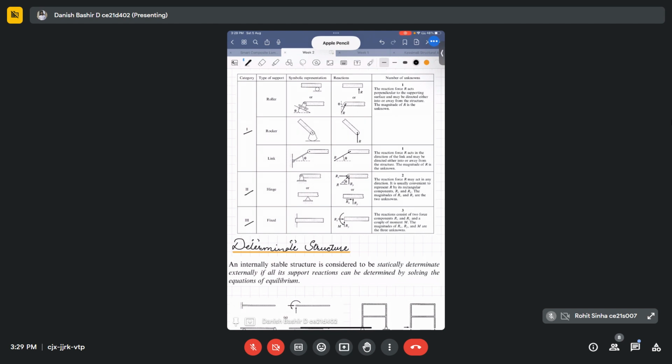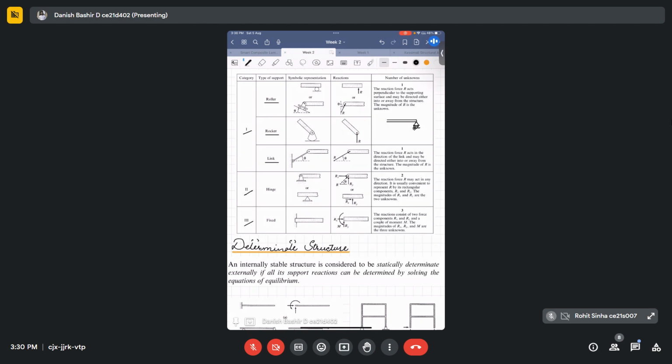In category one, we have three types of supports: one is the roller support, another is the rocker support, and the third one is the link. Roller support is usually shown by this figure. Mainly you have seen the roller support like this. For example, if this is a beam section, usually we show the roller like this.